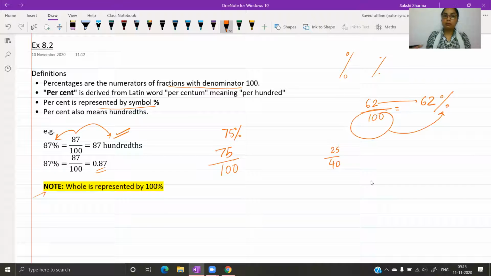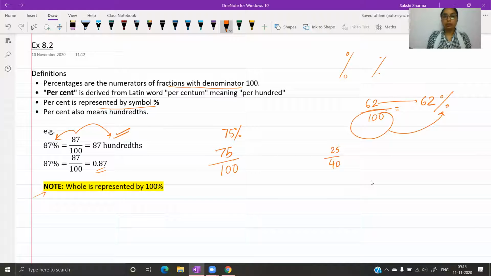Whole population, complete population of that city will be written as 100%. Someone is earning some money, the salary of a person, they save some and spend some portion. So if we want to represent their total salary as percent, we can simply, without even knowing the value, say their salary is 100% as a whole.